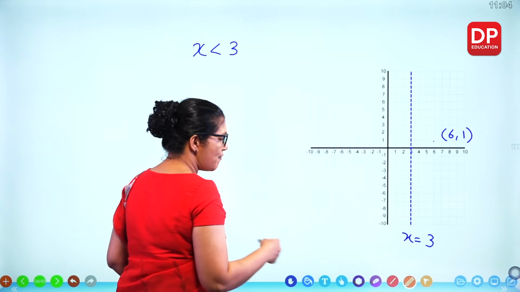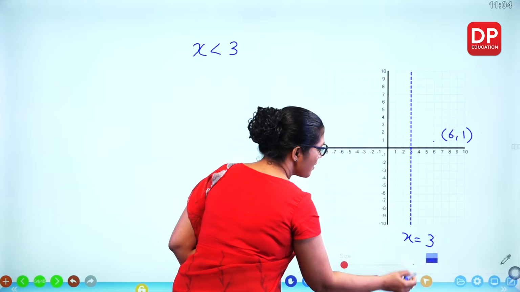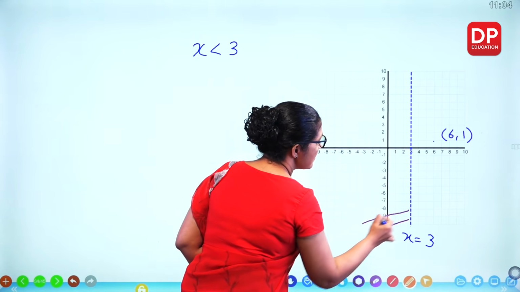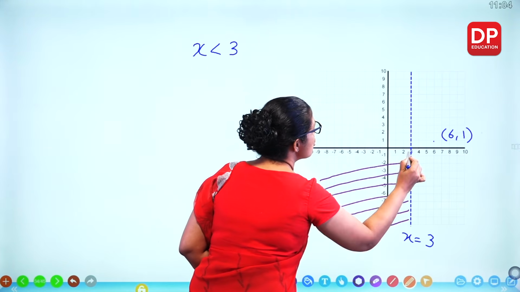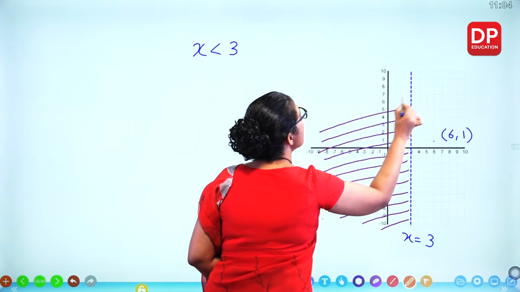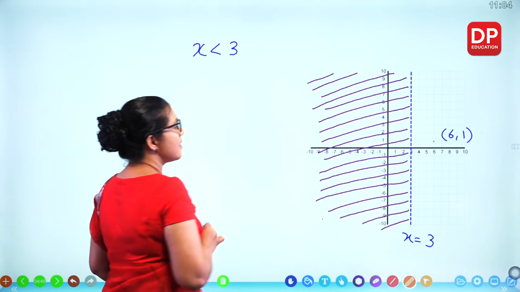So how can we mark the less than side? We can mark the less than side as this one. So here this is the shaded region that satisfies x less than 3.